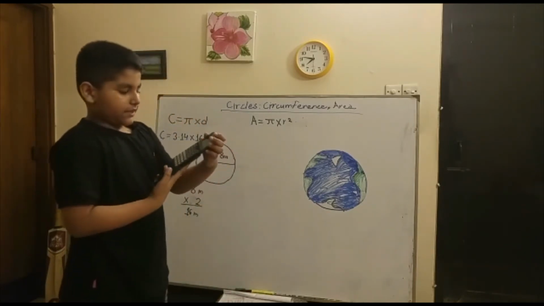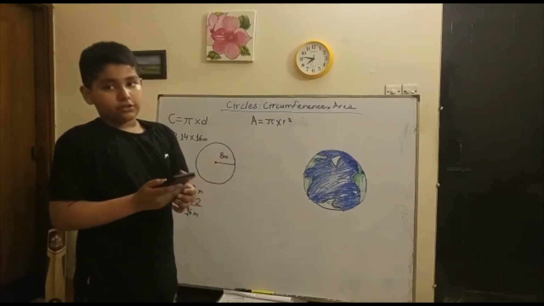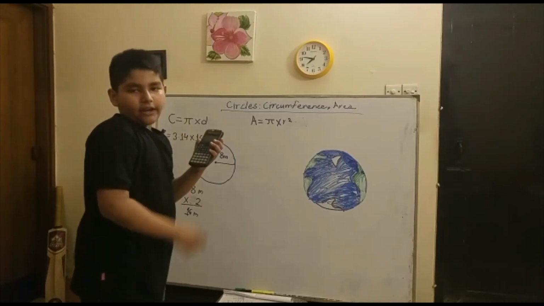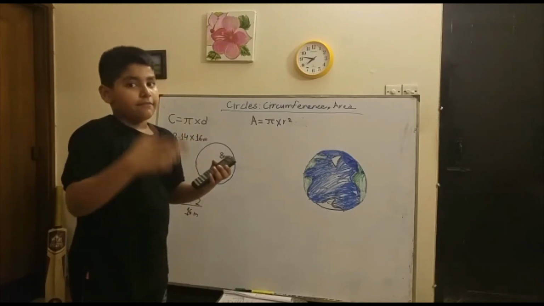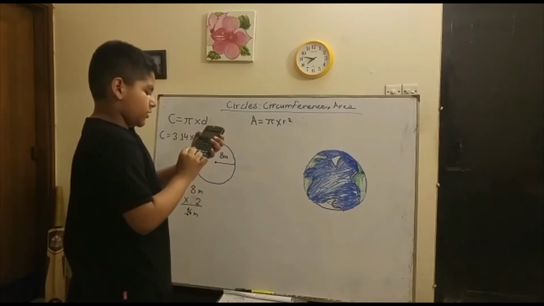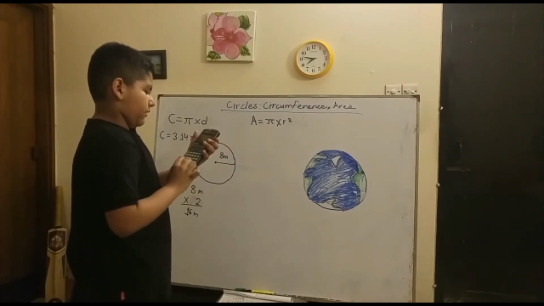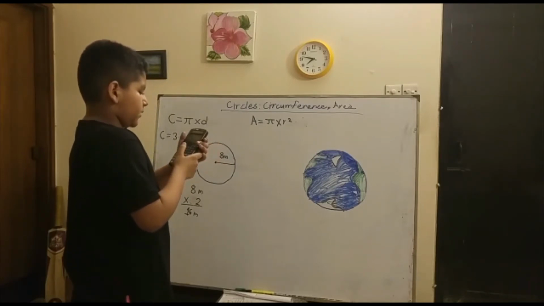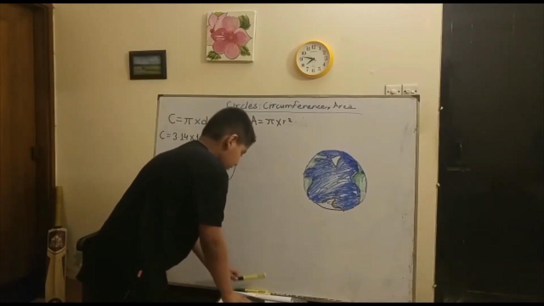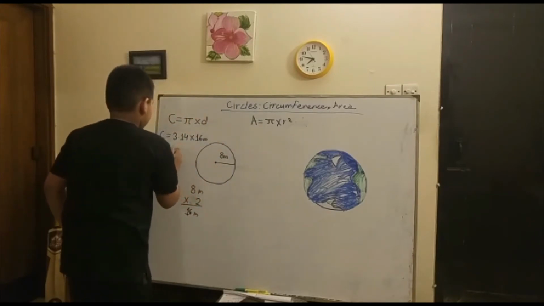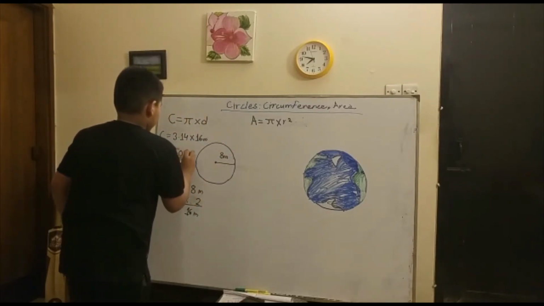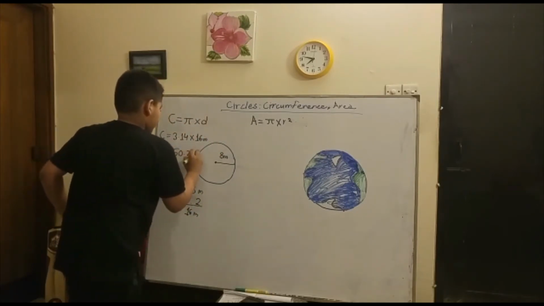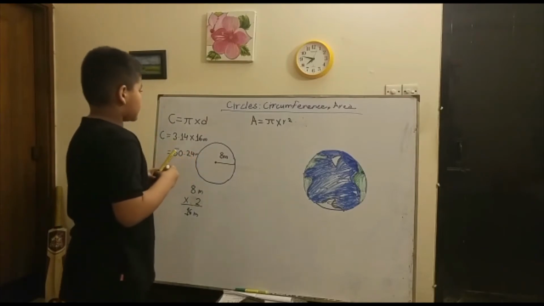I have the scientific calculator I showed you in one of my previous videos. So here is the pi option, but not everyone has a scientific calculator, so you can just plug in 3.14 times 16 meters, and we will get 50.24 meters. So that is the circumference.